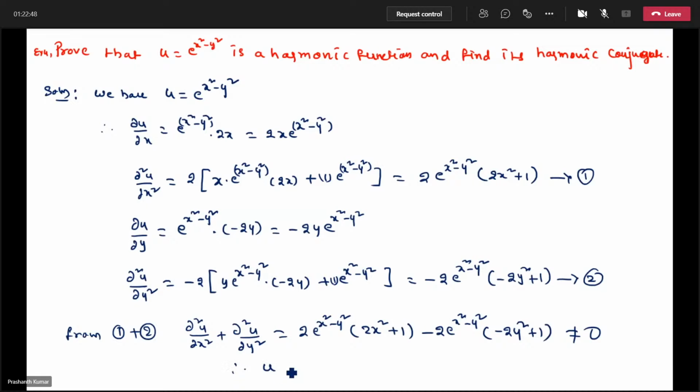Therefore, it is not a harmonic function.